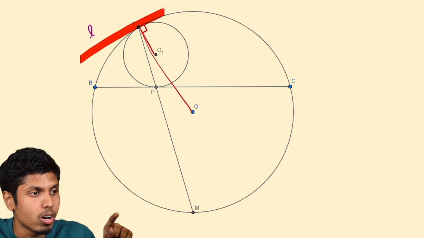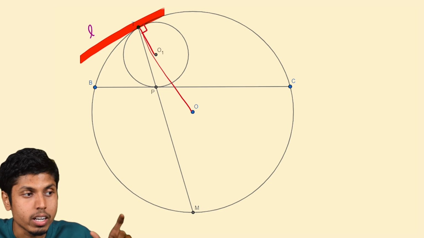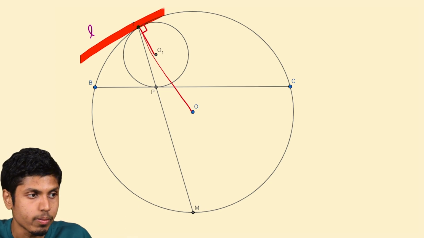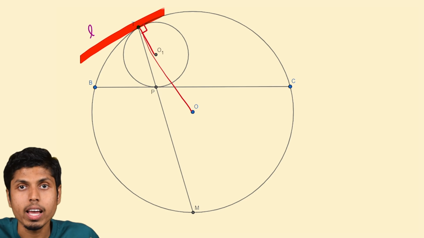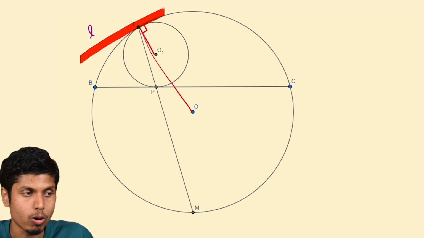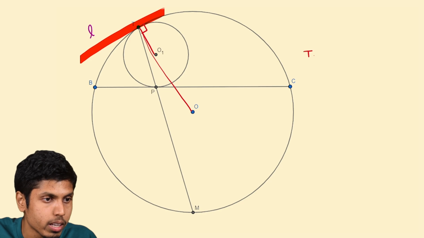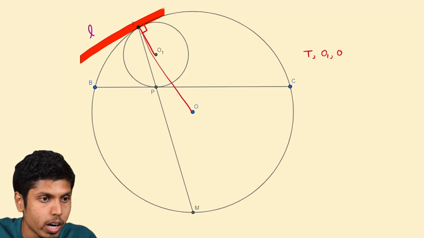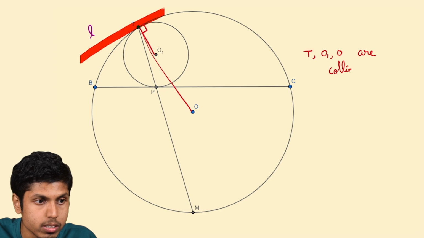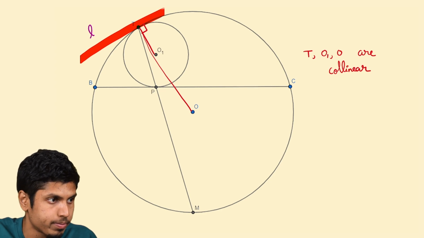Since TO1 and TO both are perpendicular to L and both lie on the same side of the line L, it turns out that T, O1, O are collinear. This just follows from the same angle criteria.